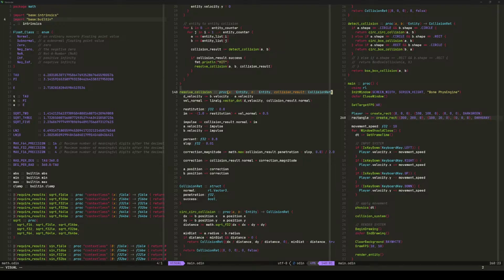Collision normal and into the velocity. I'm bloody cooked, brother.